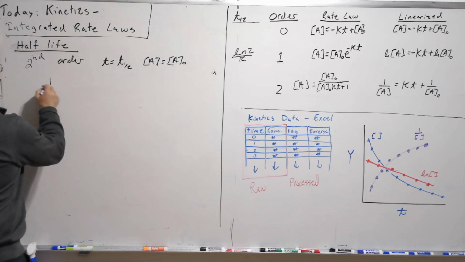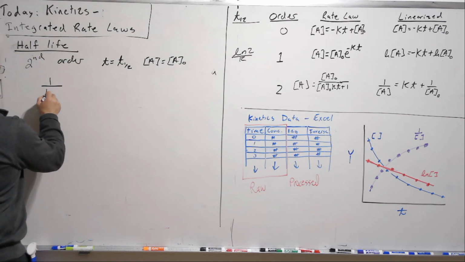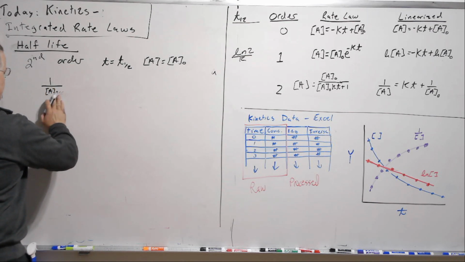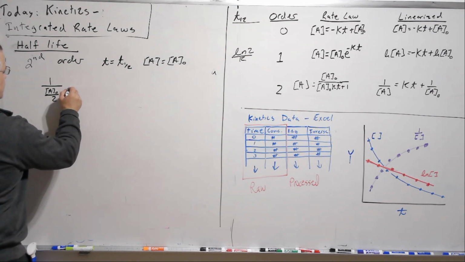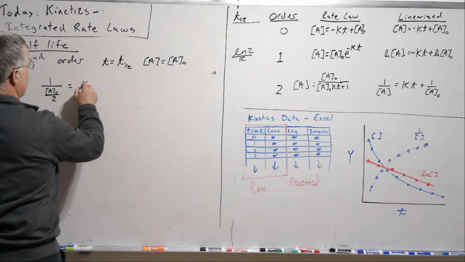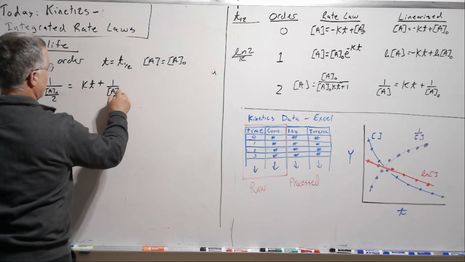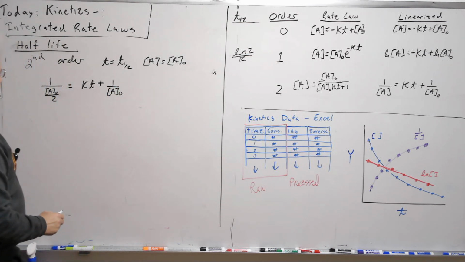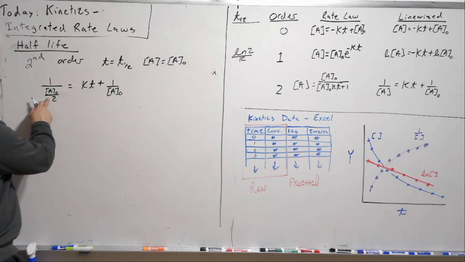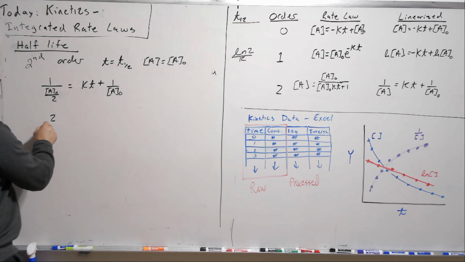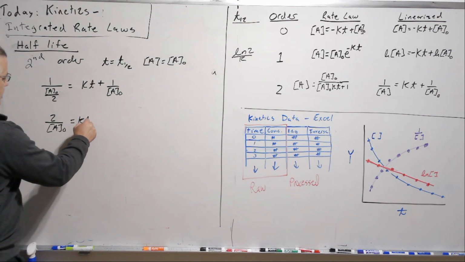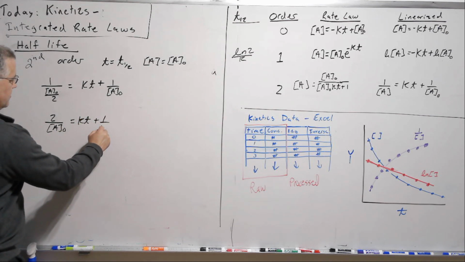So with the linearized version, we have A naught over 2, so let's bring this up here. That's 2 over A naught equals kt plus 1 over A naught.